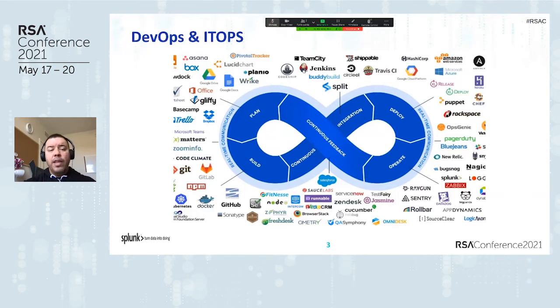One of them is DevOps, and one of them is IT Ops. These two things are two philosophies. One of them is focused on software development, and the other one is focused on deploying, management, and monitoring of infrastructure, information technology operations.